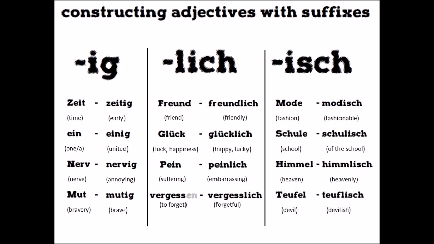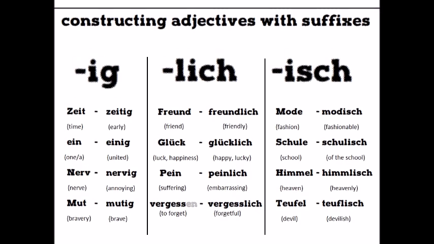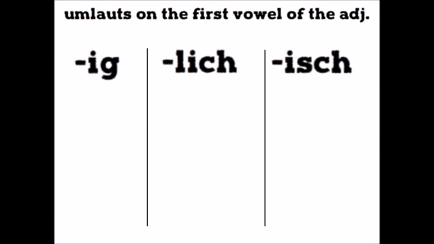You can see how the e's are dropped from the end of the word when they merge with the suffix. This comes natural when you say it, so it sounds better. There can also be umlauts created from the first vowel of the word.